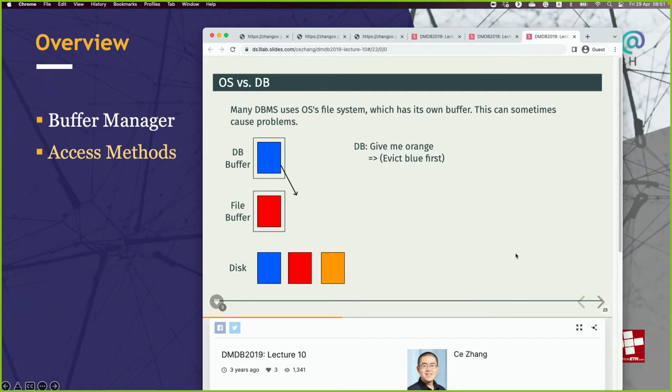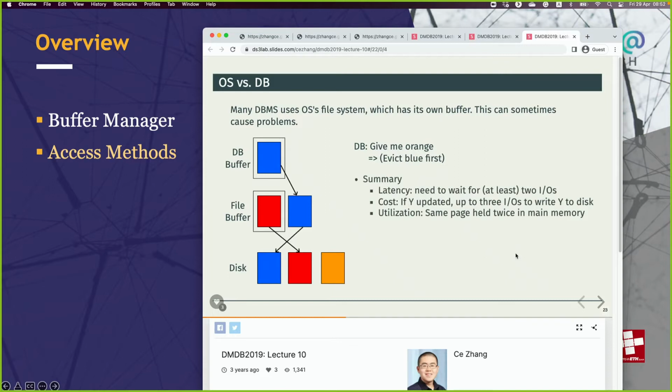But because my file buffer is too small, the system also needs to evict this red page inside the file buffer back to the disk, bring this blue page from the disk to the file buffer, and then update it. So as you can see, when you are building these two different systems independently, when you have these two different buffers, their interaction could be pretty interesting. If you are not being careful, you could be paying a whole bunch of IOs that you don't have to pay if you manage a single buffer yourself.